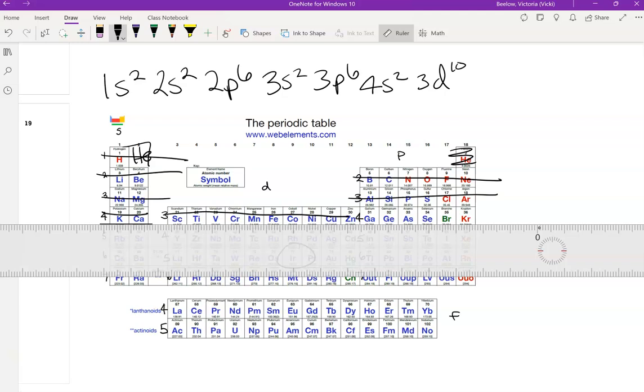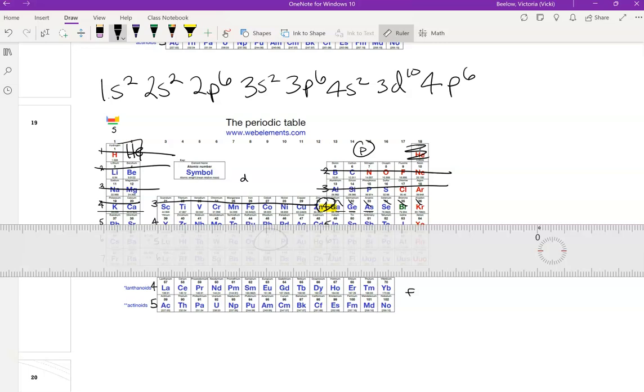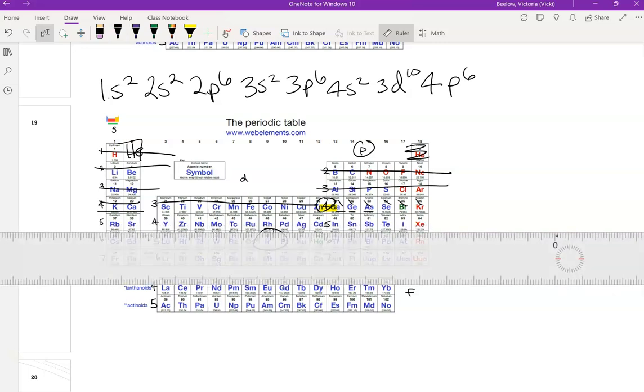And then note that there is, I'm going to highlight this, a 4 here. So now it's going to be 4p, and then we're going to count 1, 2, 3, 4, 5, 6. 4p6. And now I'm down here, 5s, 5s2.